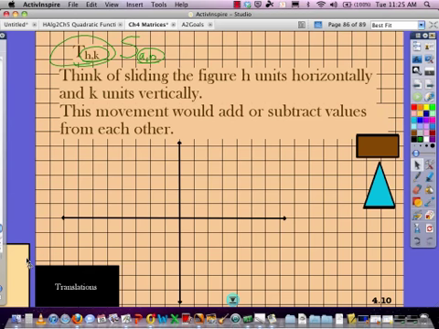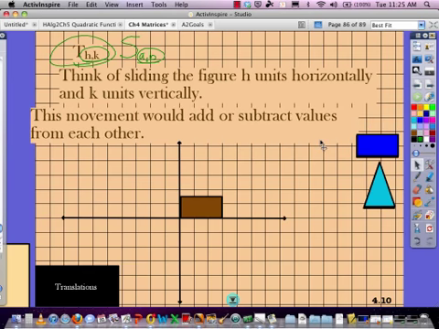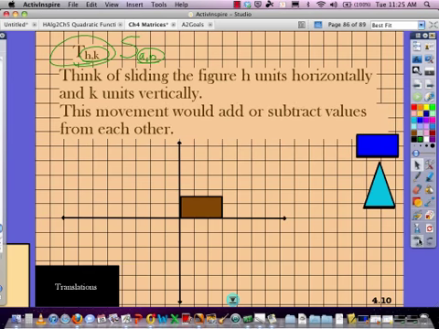What does that mean? So let's start with our brown rectangle sitting right here at the origin. And if I said, go ahead and take that brown rectangle and move it 5 units to the right, you're thinking, well, wait a minute. So it would go something like, take that same rectangle and move it 5 units to the right.